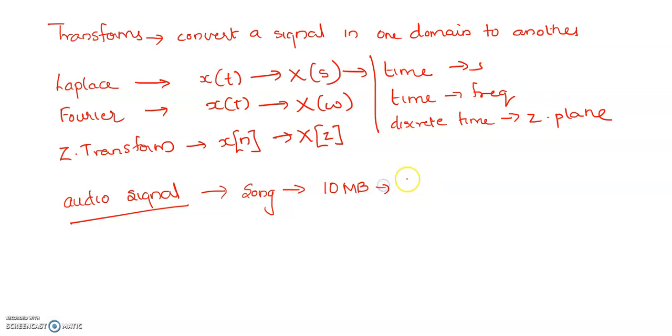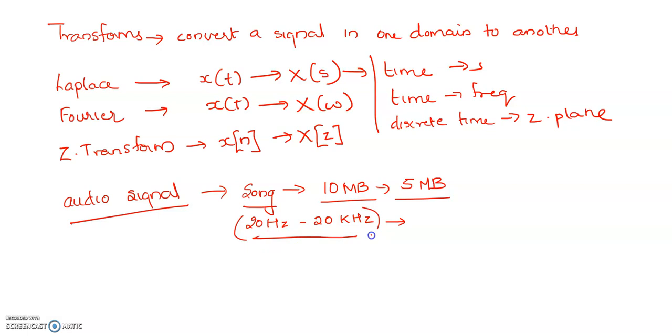You somehow want to compress it to 5 MB, which means you have to discard some information. One way of discarding information would be to get rid of the unwanted components. Let us assume we know that the audible frequency range is 20 Hertz to 20 kilohertz. It's not possible for all of us to hear all the sounds in this span, but let us assume a song has frequency components in this range.